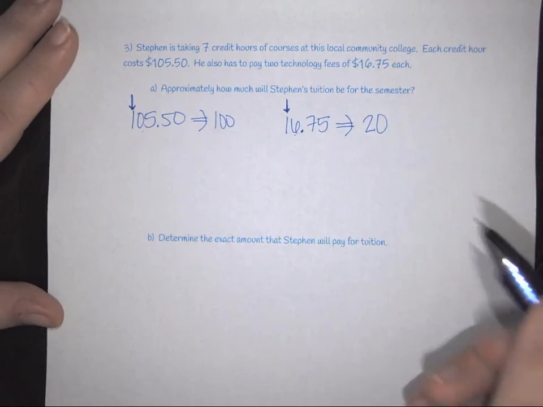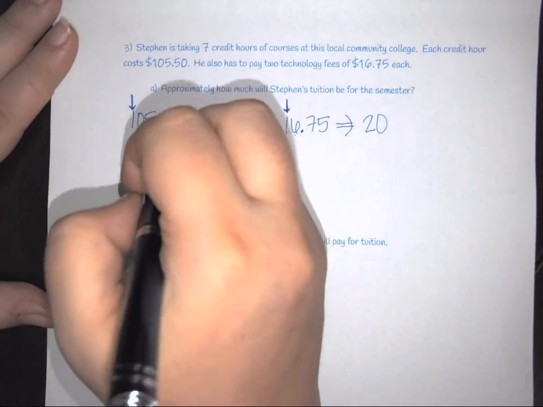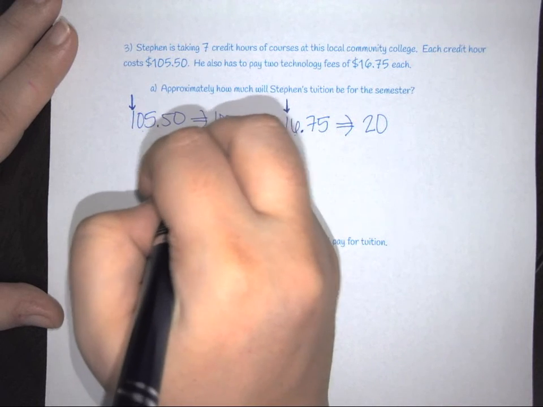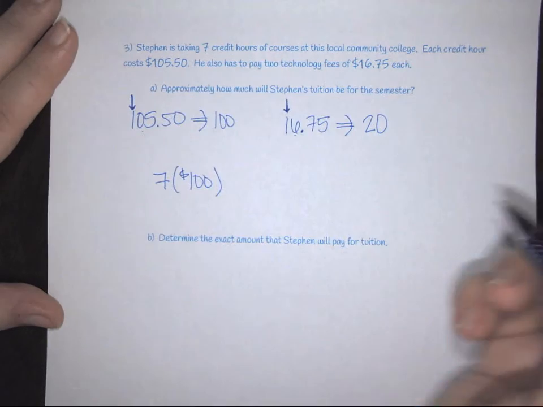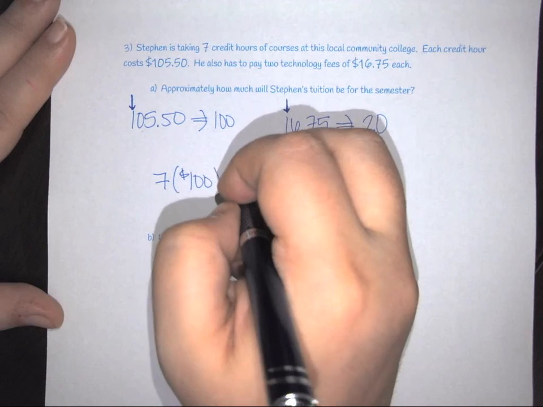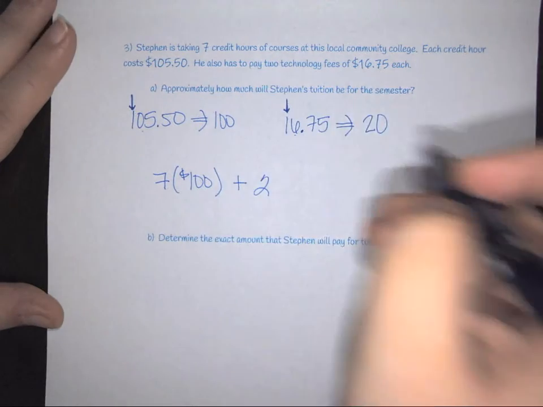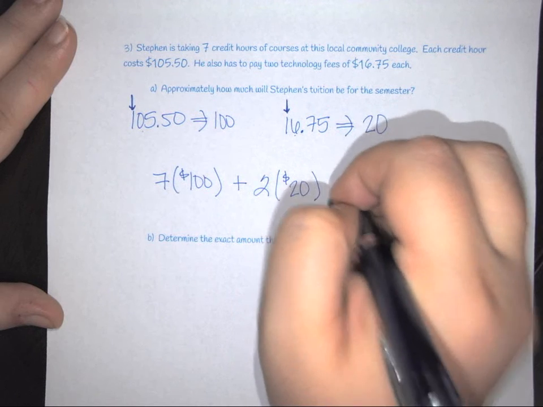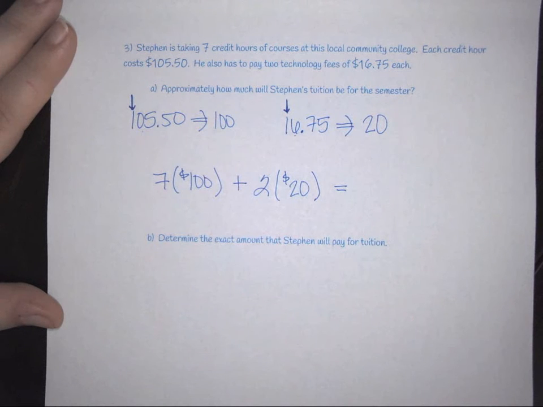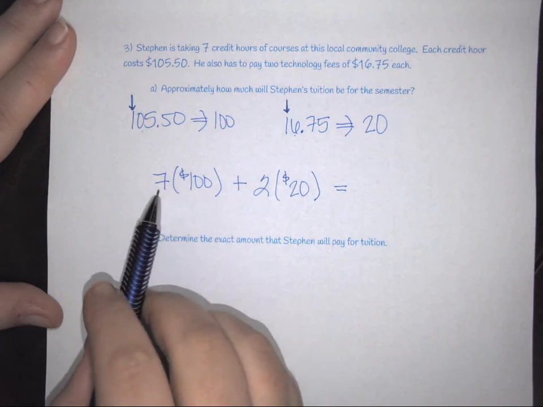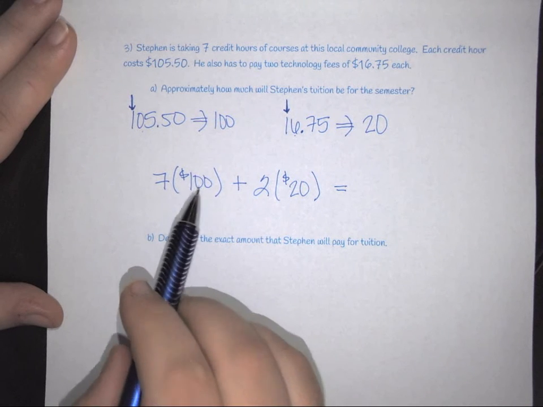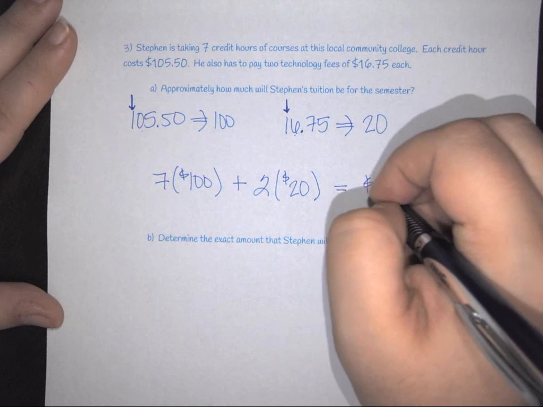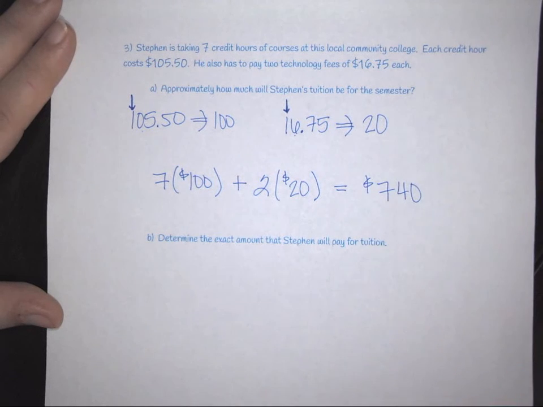Therefore, in order to find out how much he's going to be, we had 7 credit hours times your estimated $100 per credit, and we have to add 2 technology fees at an estimated $20. And so here we would actually go ahead and do that. So you would do 7 times 100, which is 700. You would do 2 times 20, which is 40. So this gives you $740.